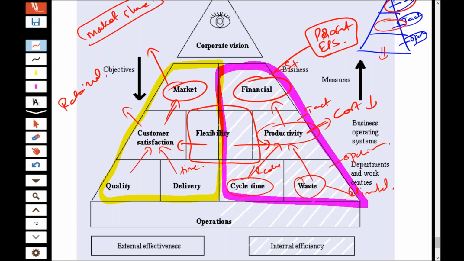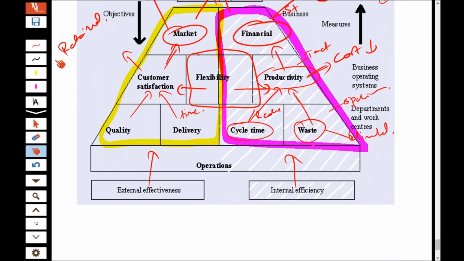If an organization is able to achieve this, that means they've achieved external effectiveness. If the organization is able to achieve this, that means they've achieved internal efficiency. So external effectiveness plus internal efficiency would lead to the achievement of the vision.